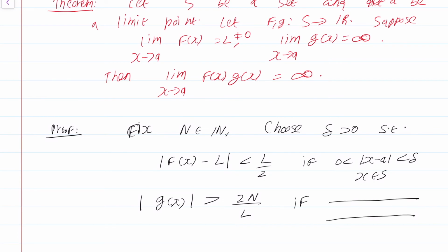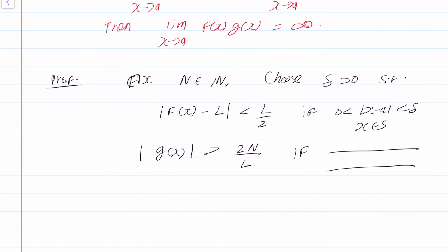So choose delta such that both these conditions happen. This can be done because you can choose delta such that the first condition is true, and you can choose delta such that the second condition is true. Therefore, you can choose a delta that is the minimum of both such that both conditions are satisfied.